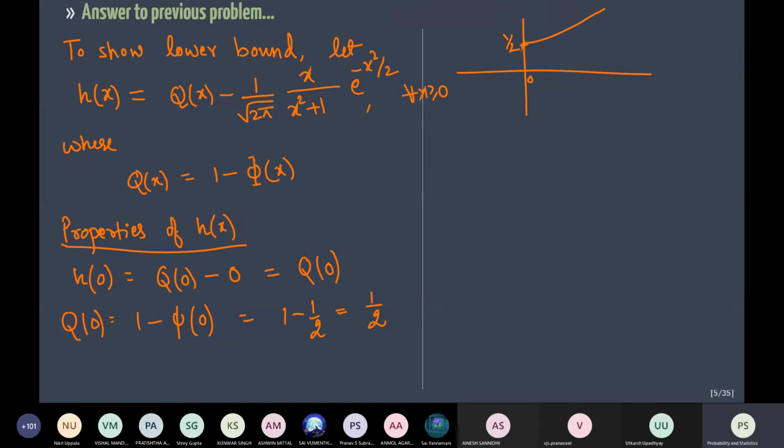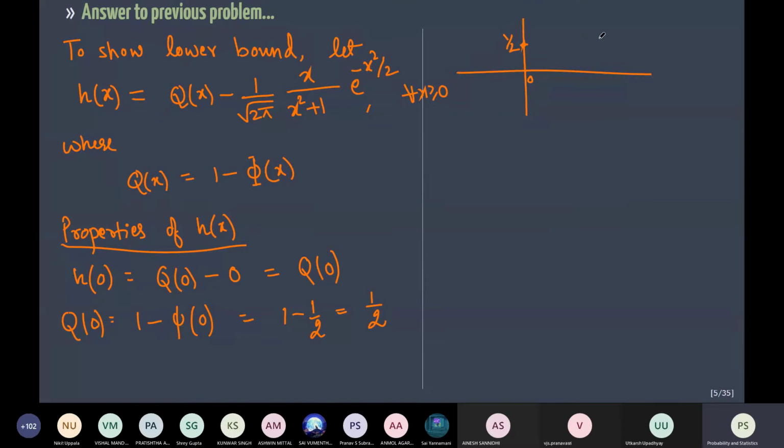The derivative has to be positive. So that's something we know from calculus. The derivative is positive, which means that the function will always increase. So at 0 it's half, and after that it's always increasing, so it is always greater than or equal to 0. Okay, that is one way to prove it.